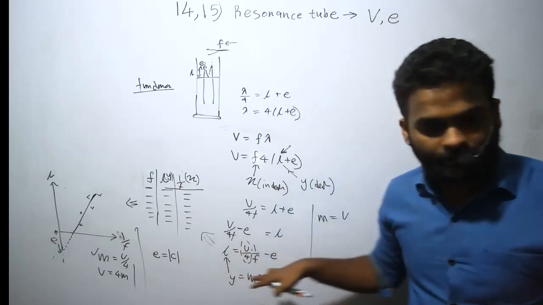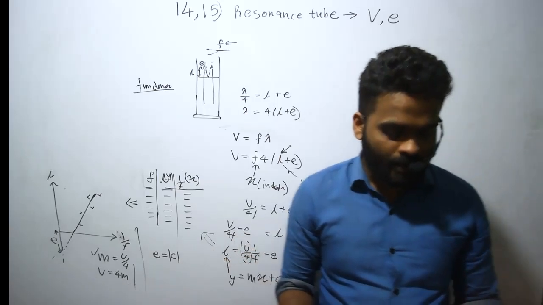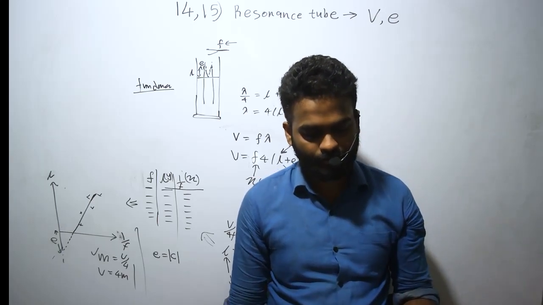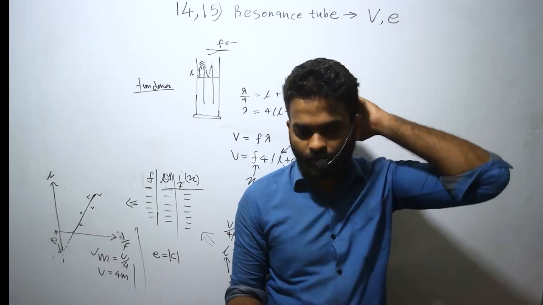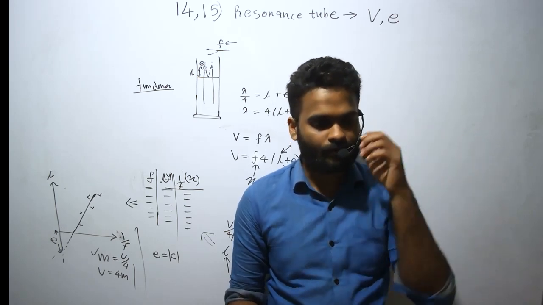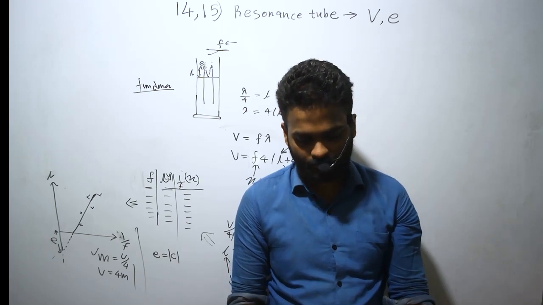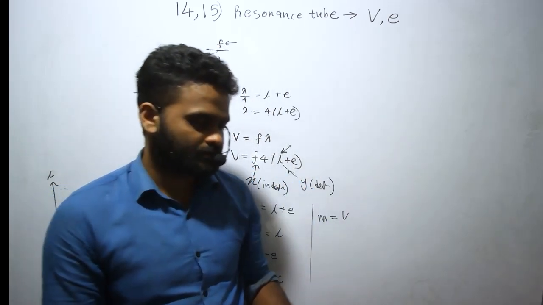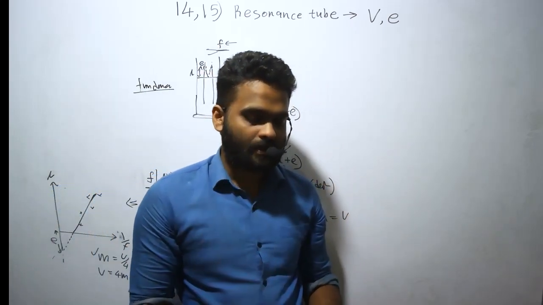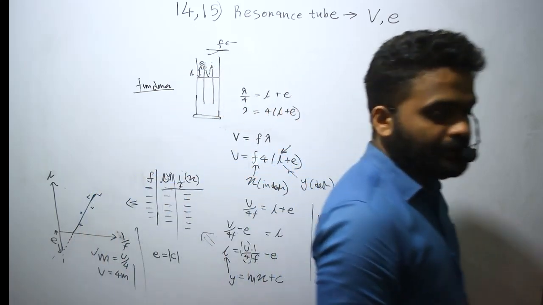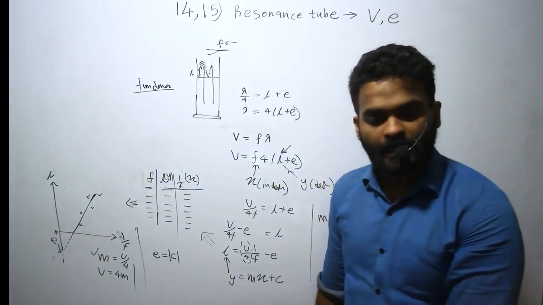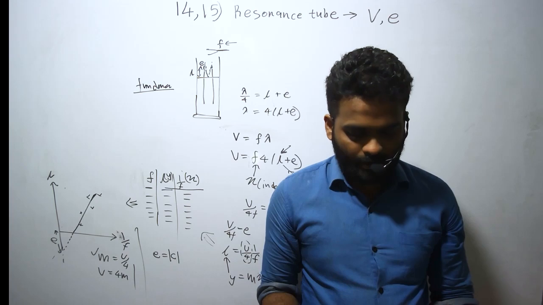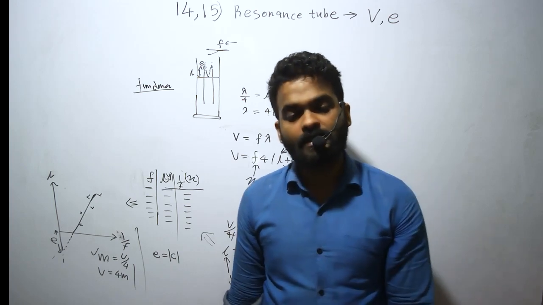Draw a line to this one, then write: before taking measurements, get the lowest frequency fork to check whether the length of the tube is enough.